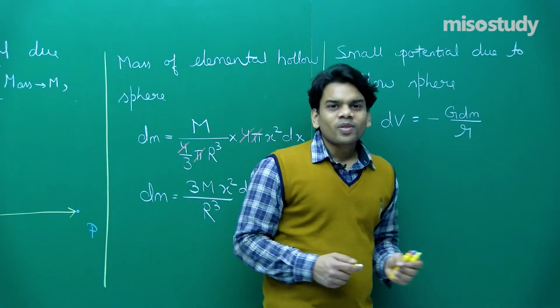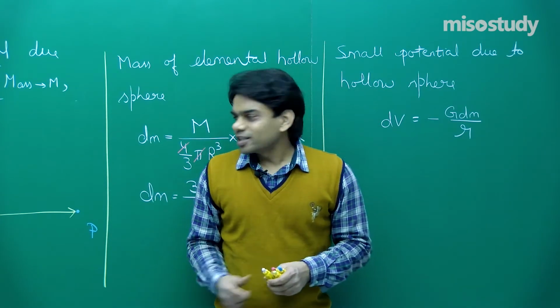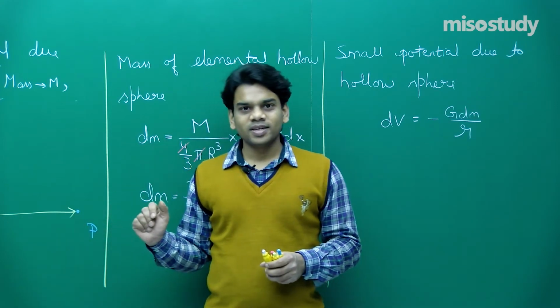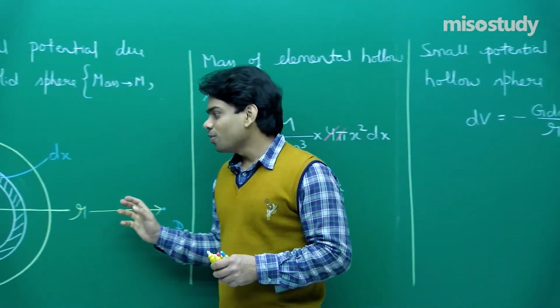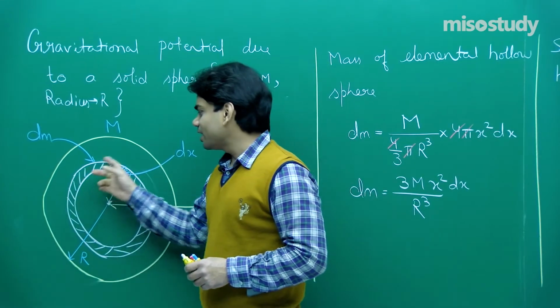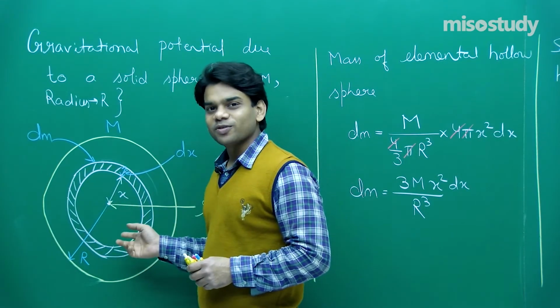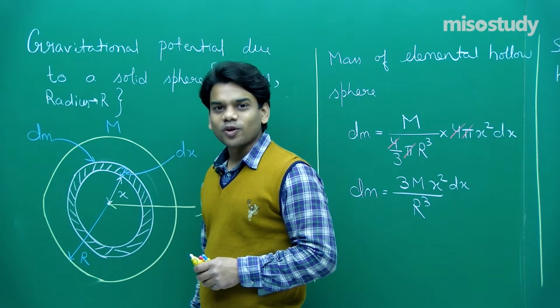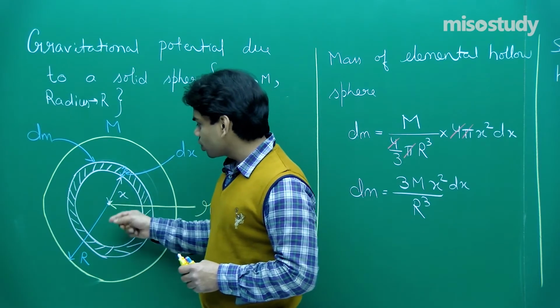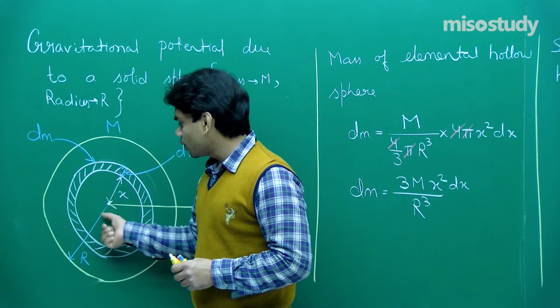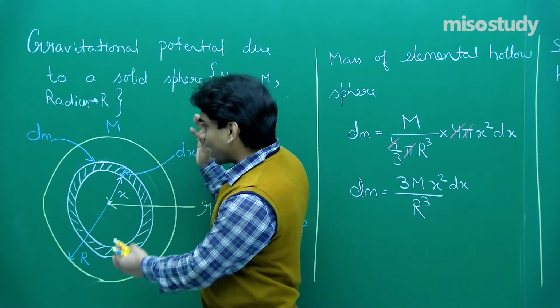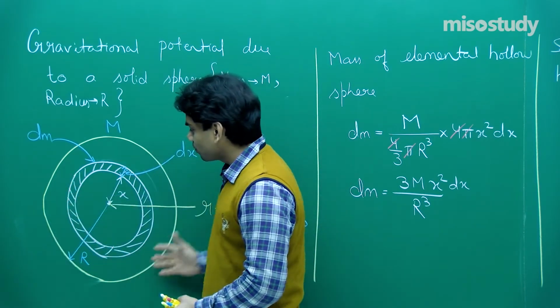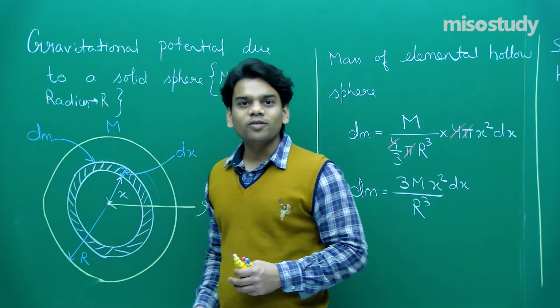Now see, to find out the potential at this point P, let us say this is an external point. So we will be varying this elemental hollow sphere, its radius, and it will vary over the entire volume of the solid sphere. What I mean to say, if x is equal to 0, this hollow sphere is going to lie at the center, and if x equals capital R, then this entire hollow sphere will be lying at the boundary of the solid sphere.